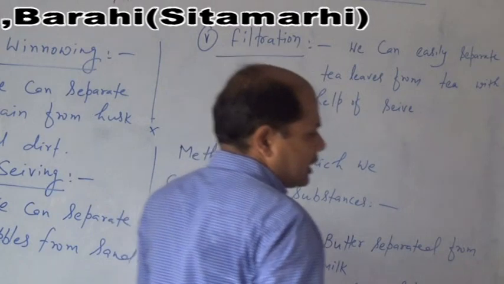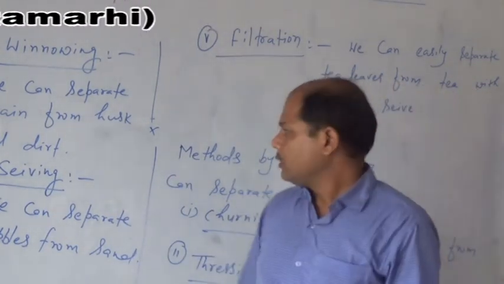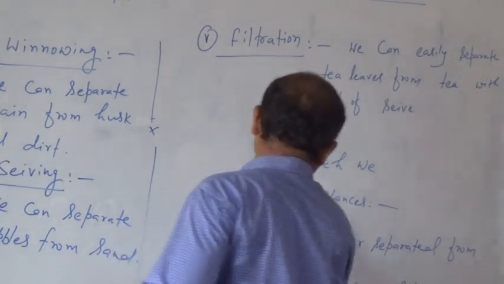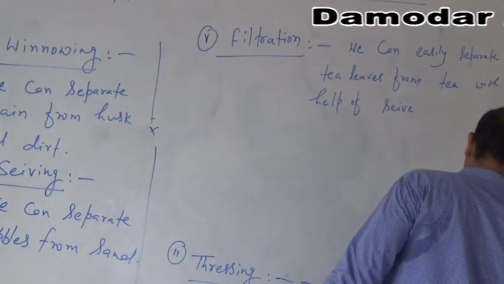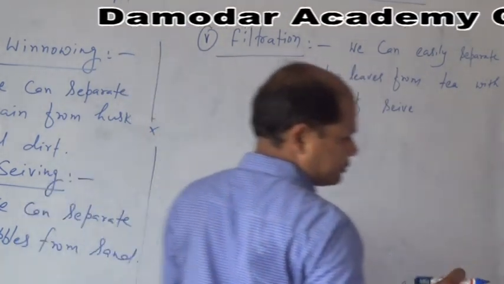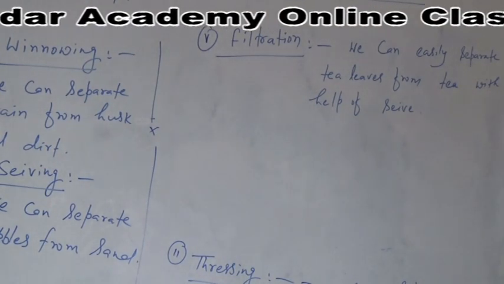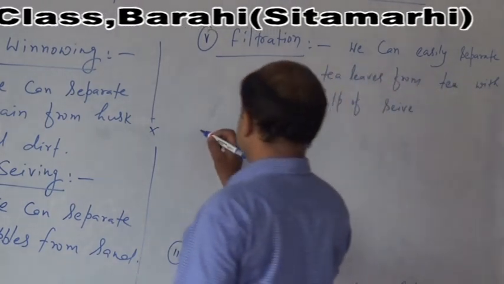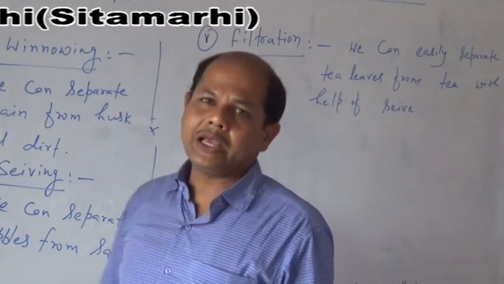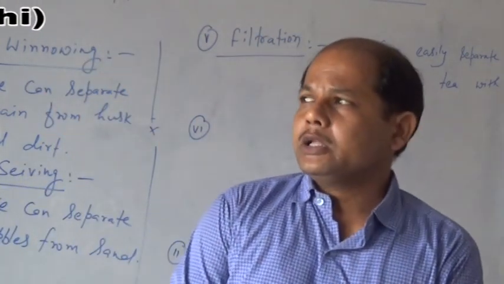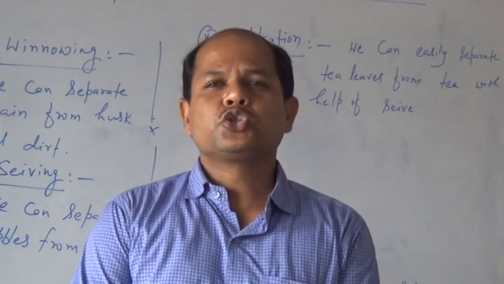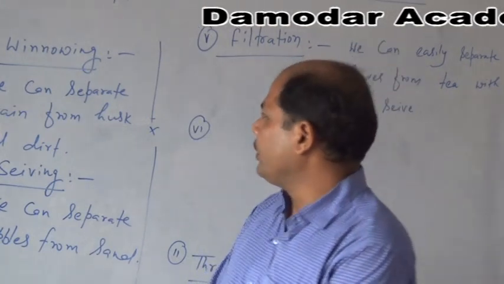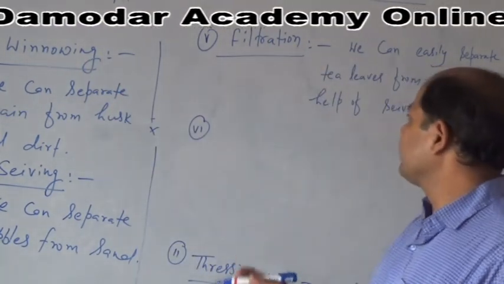There is another method called evaporation. Previously we have seen that two solid substances are separated with the help of winnowing, sieving and thrashing.